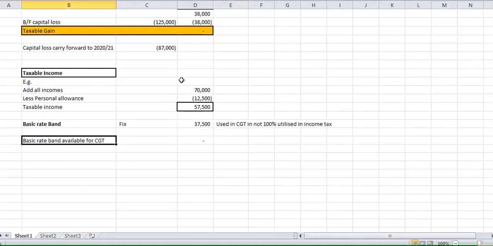That's why the basic rate band has been fully utilized in the income tax.